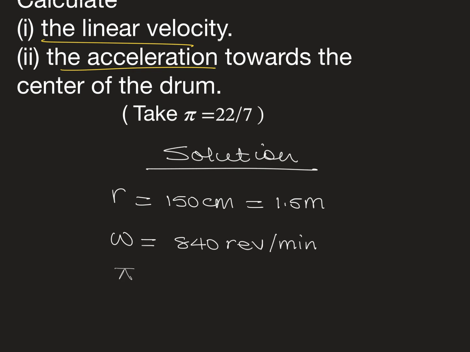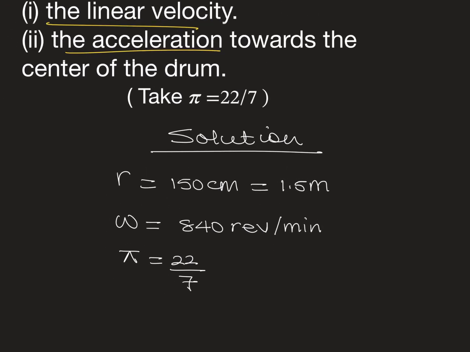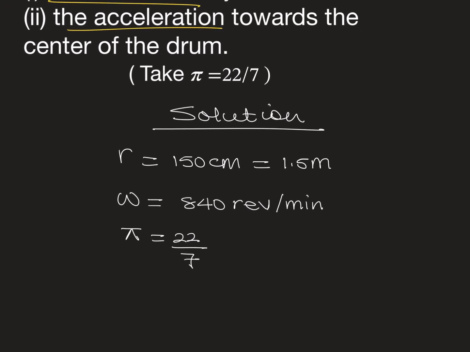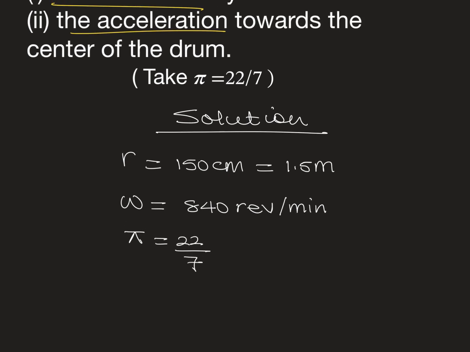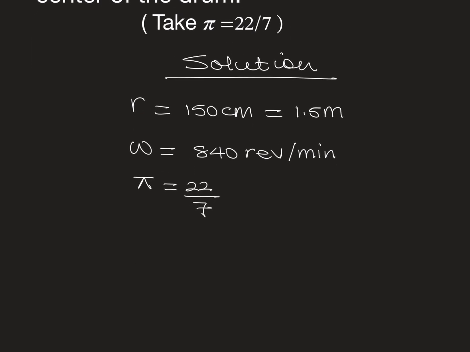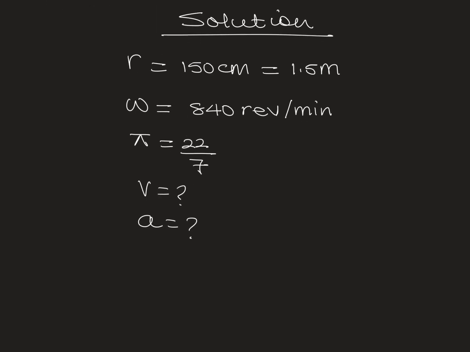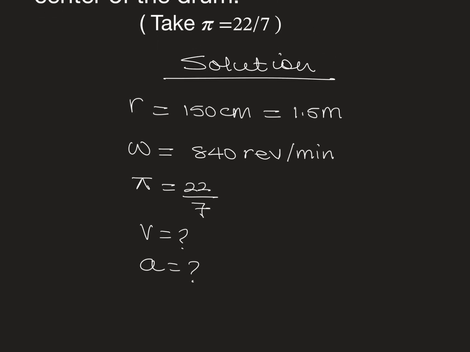We are instructed to take pi as 22 over 7. The question wants us to find the linear velocity and the acceleration. Okay, that is the centripetal acceleration.